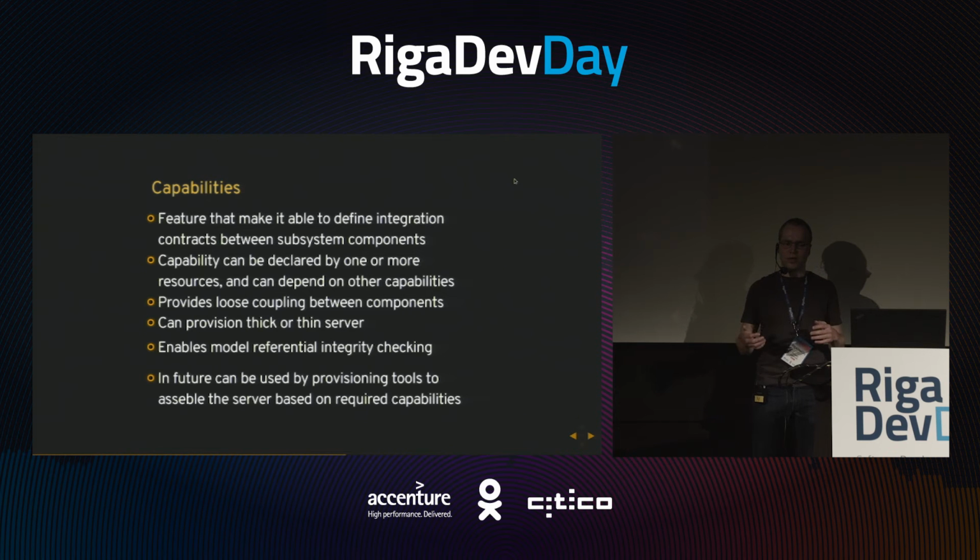So now we are providing capabilities. So a server can provide a well-known capability. Let's suppose, for example, that we have the ORB subsystem, so the Corba subsystem. It provides an ORB service.